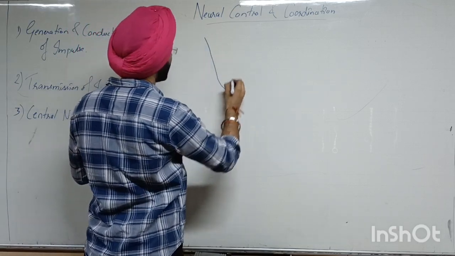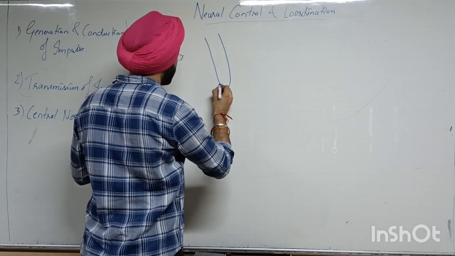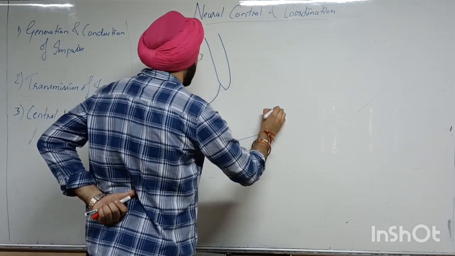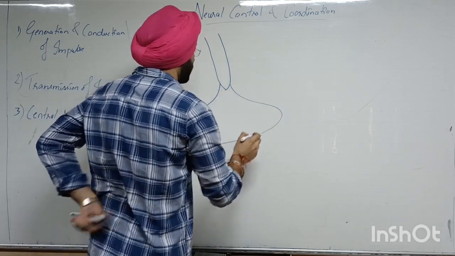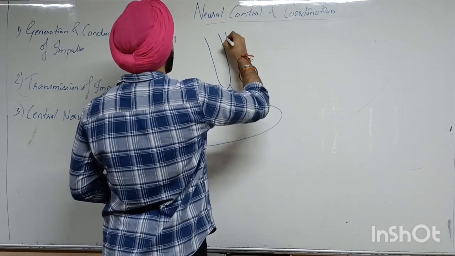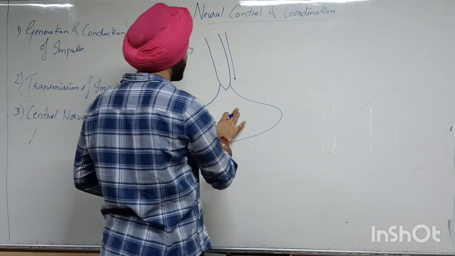So here I am making the diagram of the synaptic knob. The action potential comes from this direction towards the synaptic knob.